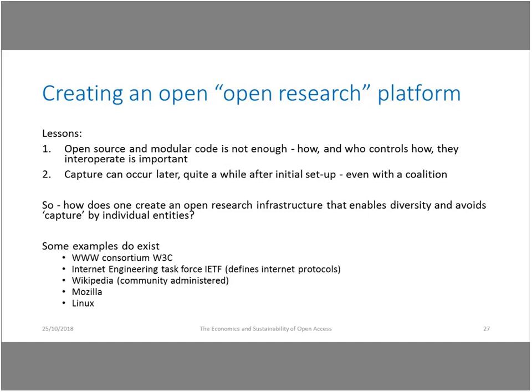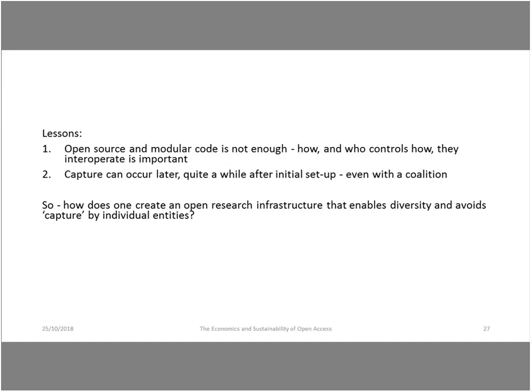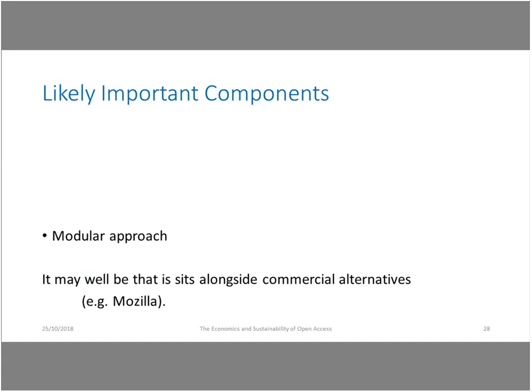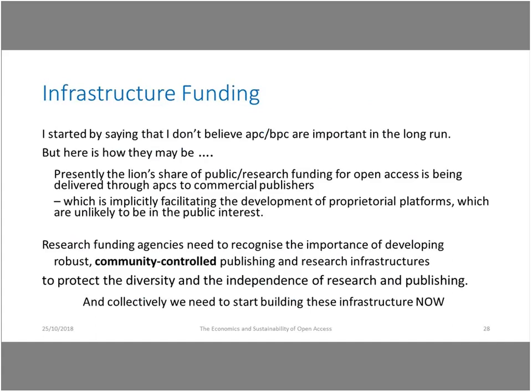We need some sort of diverse management process over the interactions, and some examples exist. The W3C and IETF, and even Wikipedia, Linux and Mozilla, are examples of broad-scale open platforms that have survived. We're going to need diverse leadership, a modular approach, and to recognize that this is going to need some funding.